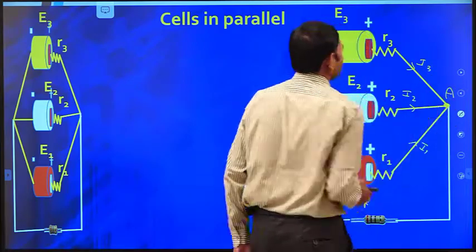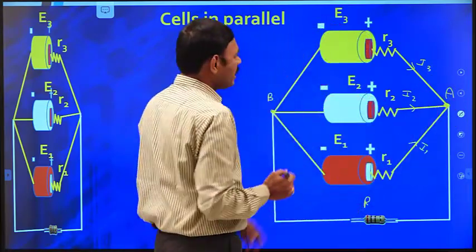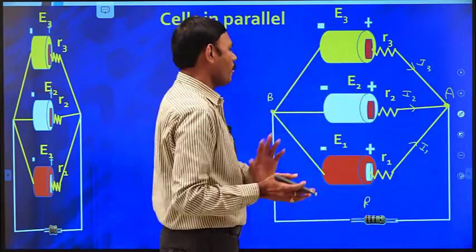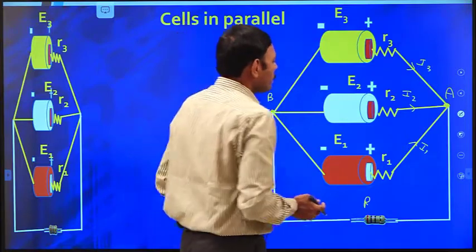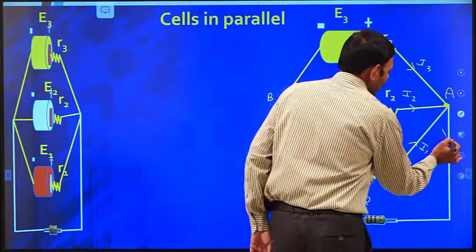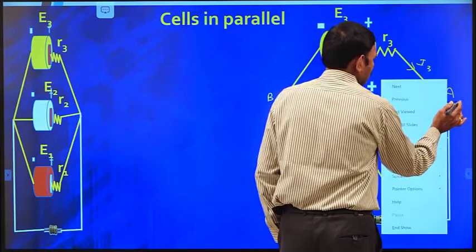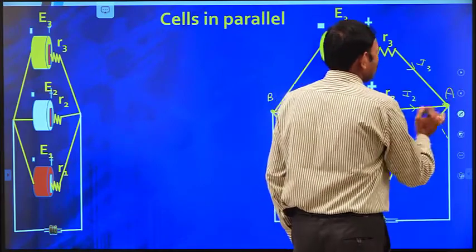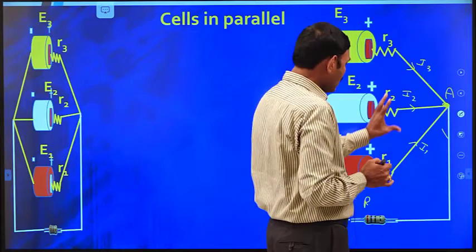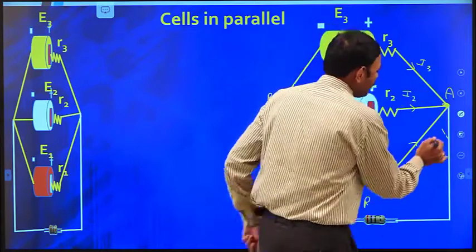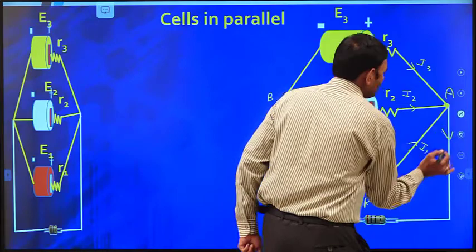One more important point. Here we have to apply Kirchhoff's current law. At a junction, the algebraic sum of currents is 0, or the sum of the currents reaching the junction is equal to the sum of the currents leaving the junction.